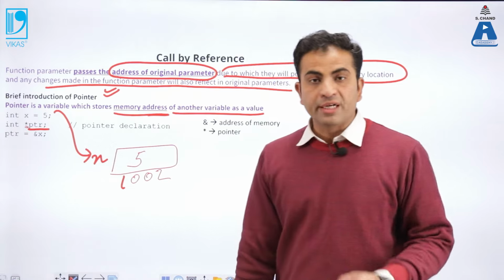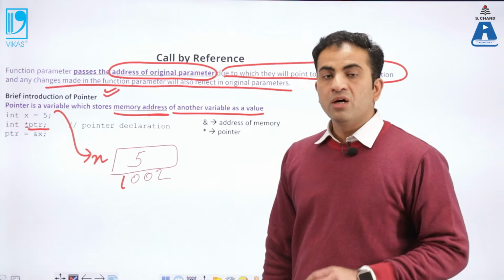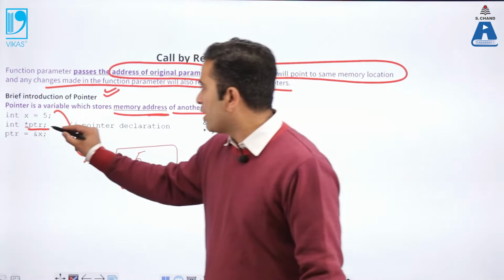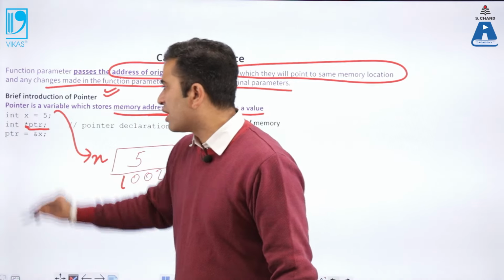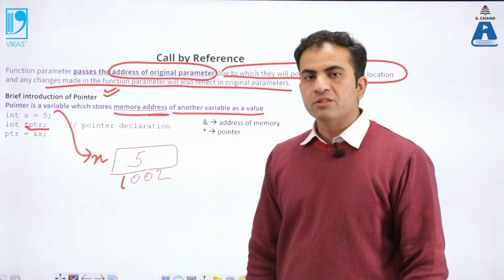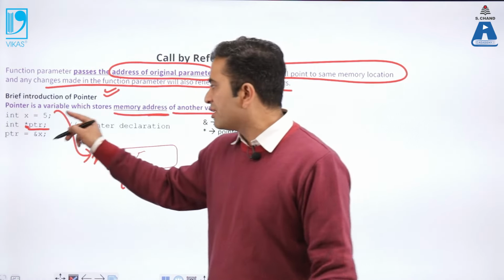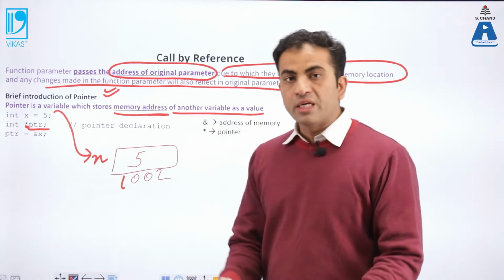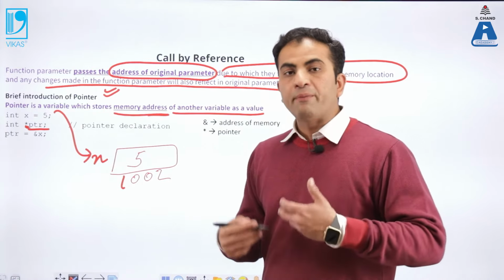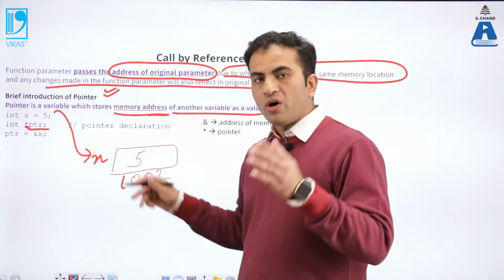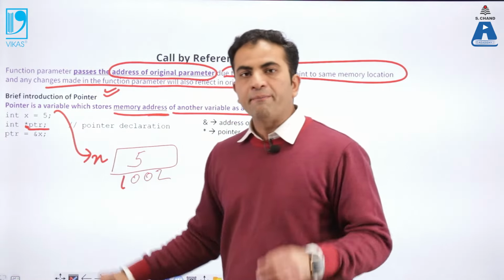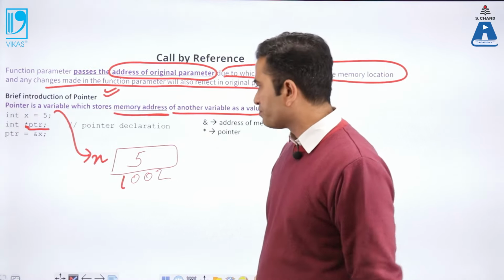If we want to declare a variable of pointer type, we have to apply the star sign here. That means star ptr: this ptr variable is now of pointer type, and this ptr will save only an address or memory location. The value of this ptr variable is the memory location of some other variable.